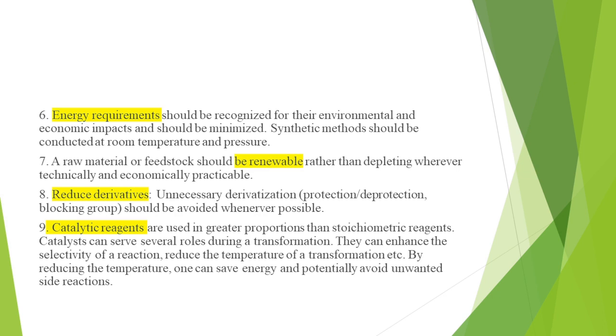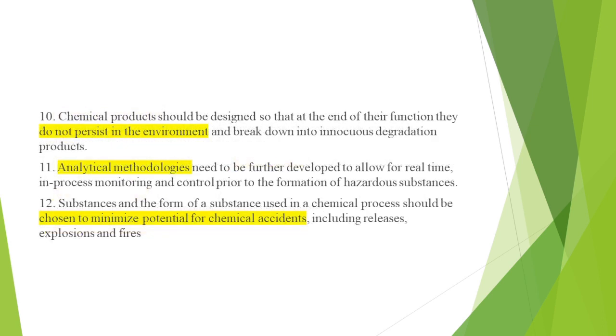So catalytic reagents should be used rather than stoichiometric reagents so that we can avoid unnecessary or unwanted side reactions. 10th principle. Chemical products should be designed so that at the end of their function, they do not persist in the environment. So we should make sure that whatever reaction we are doing, it shouldn't persist in the environment once it is formed.